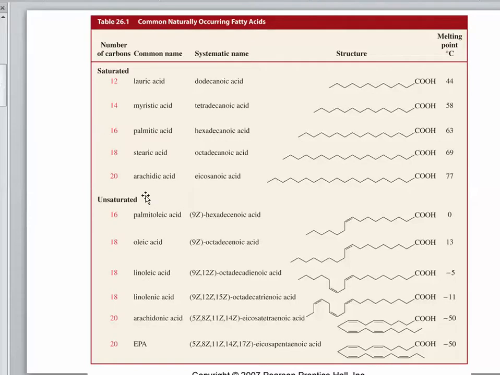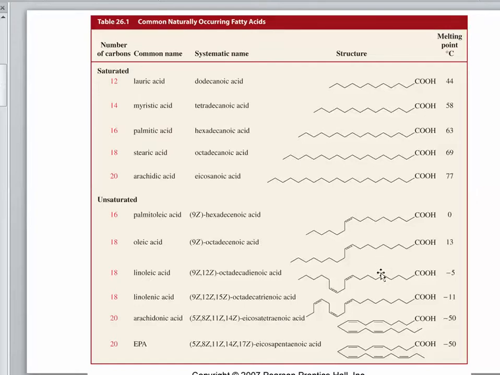Now, the second half of this table, down here at the bottom, is what we will call unsaturated fatty acids. And unsaturated fatty acids are just that. The molecules are unsaturated, meaning that they have double bonds associated with them. So all of these above are single bonds all the way through.